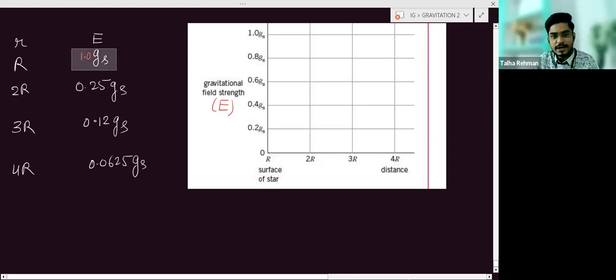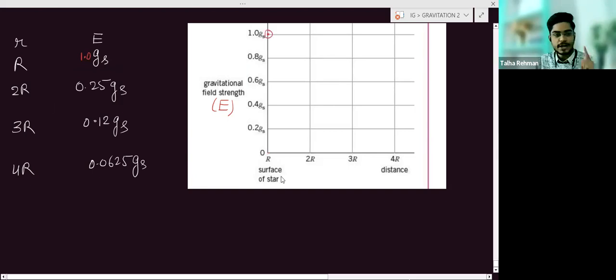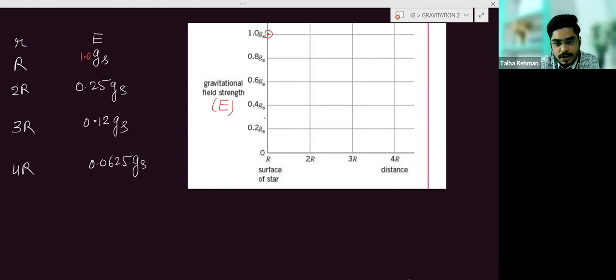So at r it will be 1.0 gs. So here we will get 1 point. Now second point, at 2r, what is the value? It will be 0.25 of gs. This is 0.2 and 0.25 will be somewhere here, approximately. So here you will get another point.